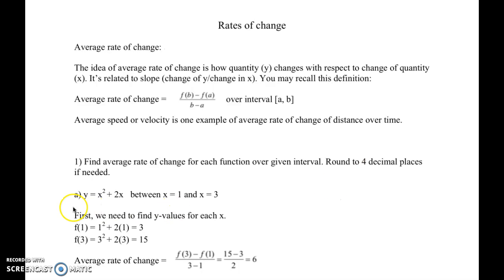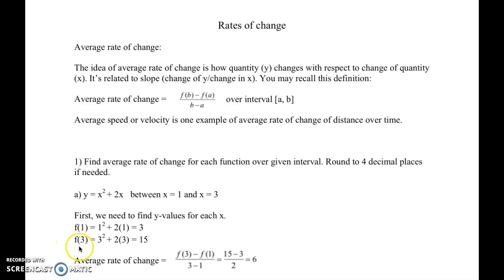All right. So we have y is equal to x squared plus 2x. Okay, so this is a quadratic function. And what you want to do is find the corresponding y values for each x. So we're going to plug in 1, and we end up with the value of 3. And when we plug in 3, we get the value of 15.